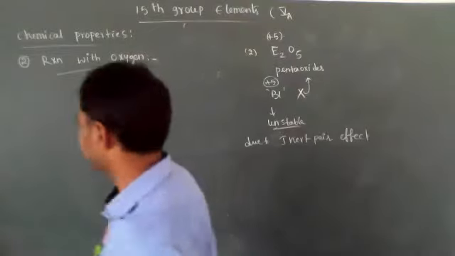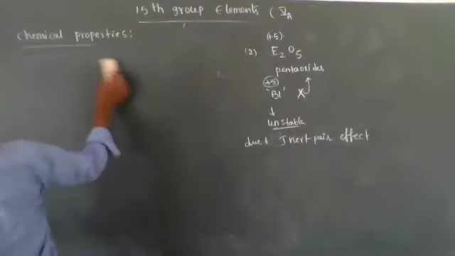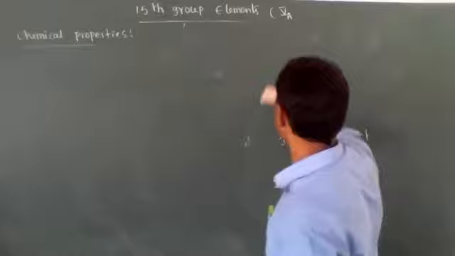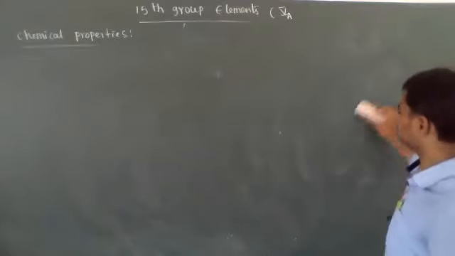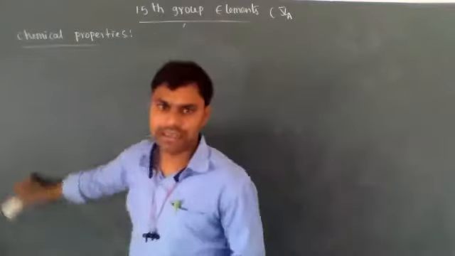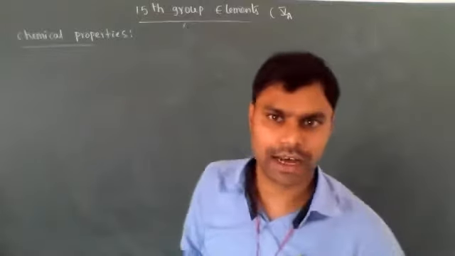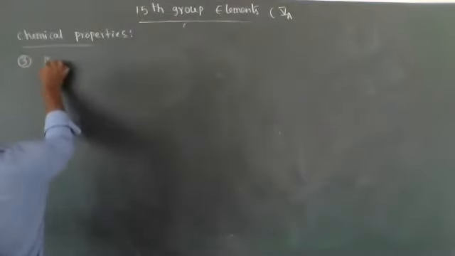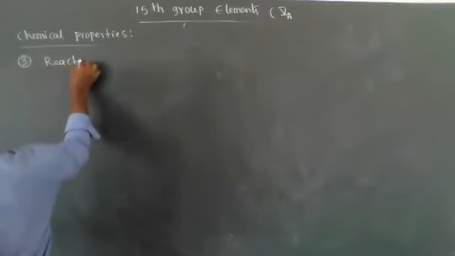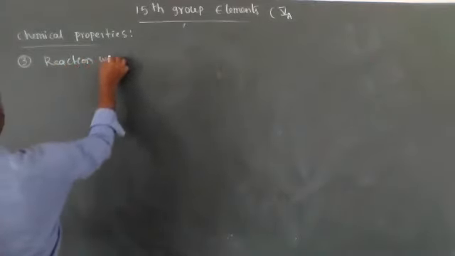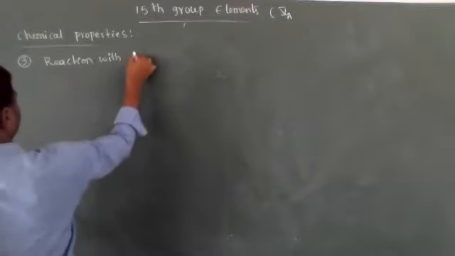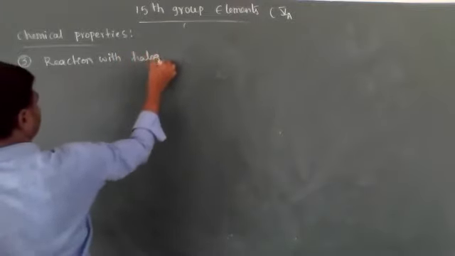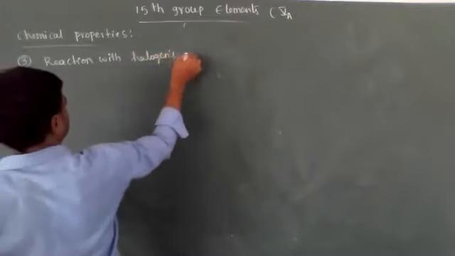Okay, let's see halides. The third one is halides: reaction of 15th group elements, or 5A group elements, with halogens.